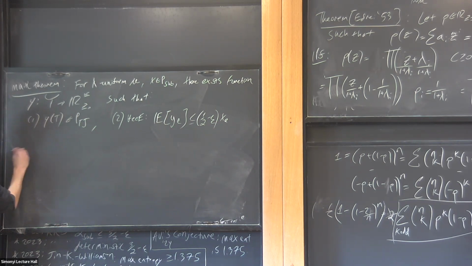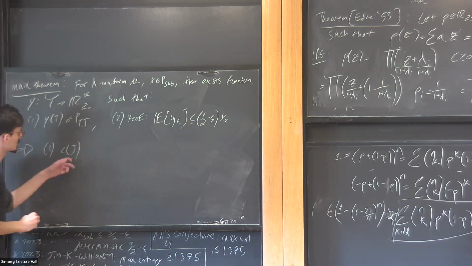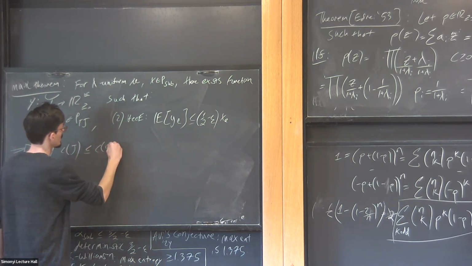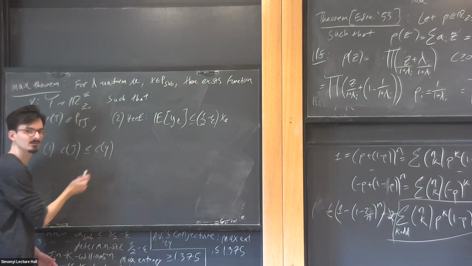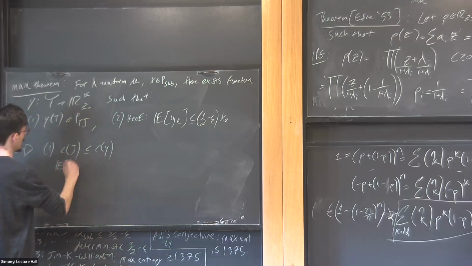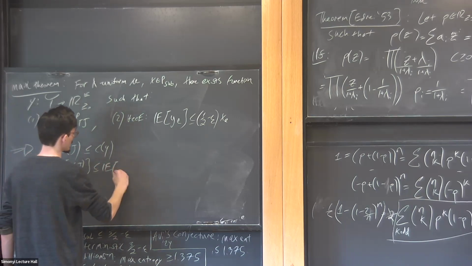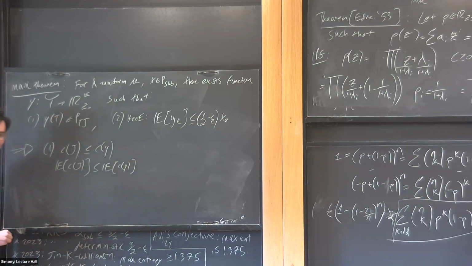And we can easily see that it implies the main result, because notice these three things. One, the cost of the T-join the algorithm actually uses is at most the cost of y of T for any tree T, because y is some point in the T-join polytope, so the cheapest T-join costs at most y. Therefore, the expected cost of the join is at most the expected cost of y.